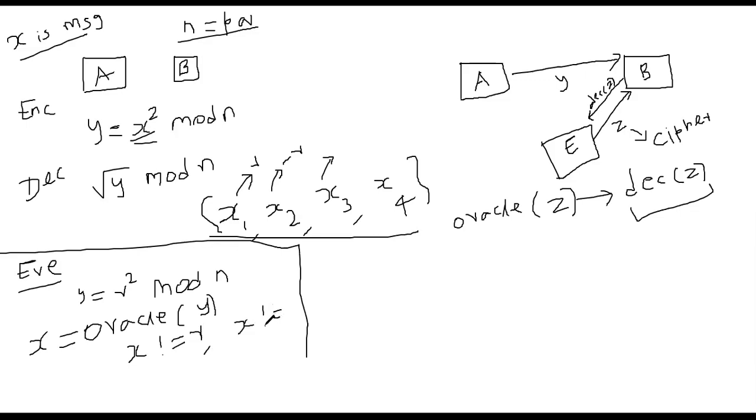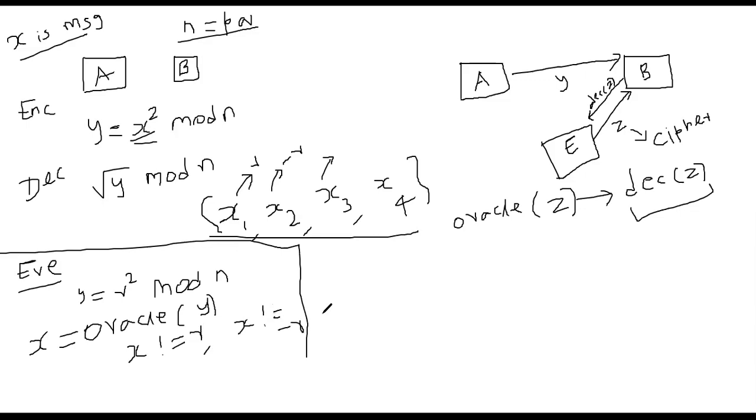So you got an X from the Oracle. When you square it, you get R square, right?